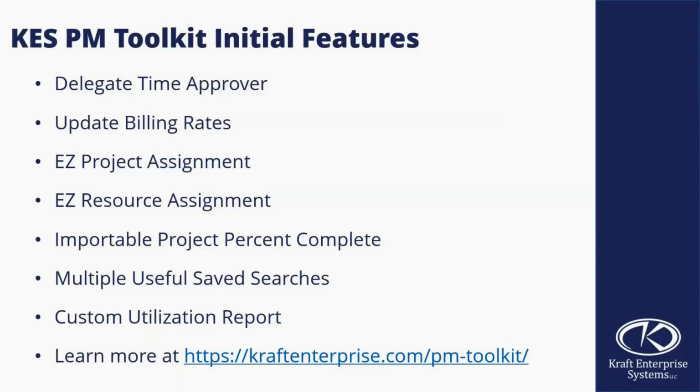There's a percent complete override with NetSuite project management, but there's no direct way to import into that, so you had to manually update project percent complete each month for all your projects. Very tedious. We've got a way to import those percent complete values. So now you can quickly run a search to export all your active projects, update your percent complete for the month, and import it in for those that are using that RevRec.